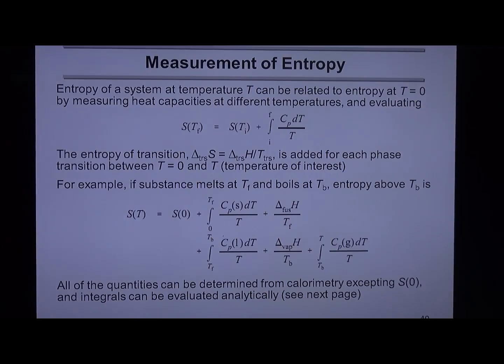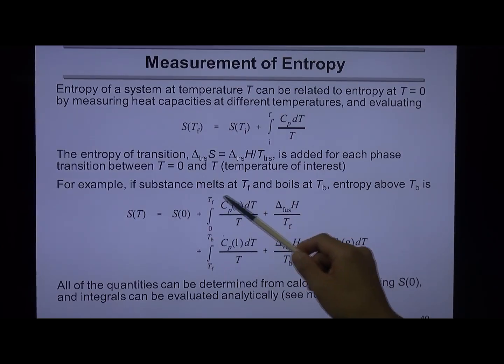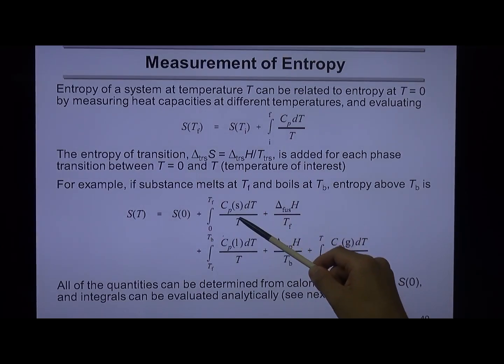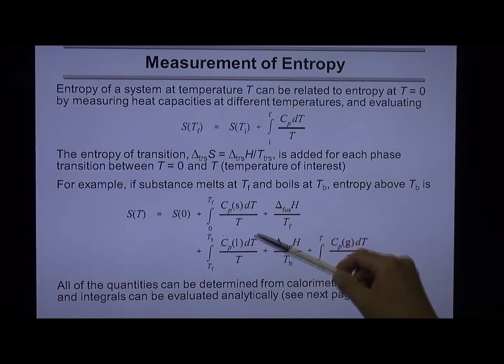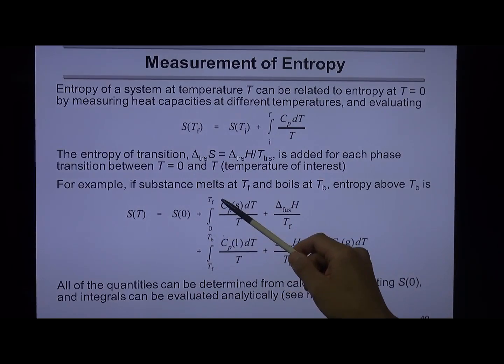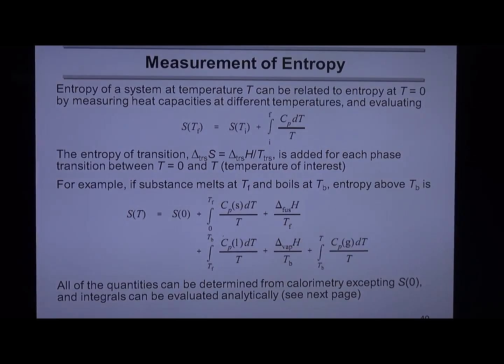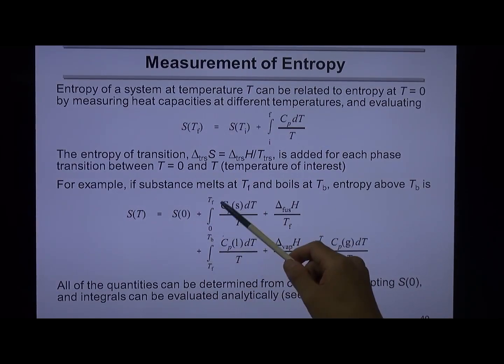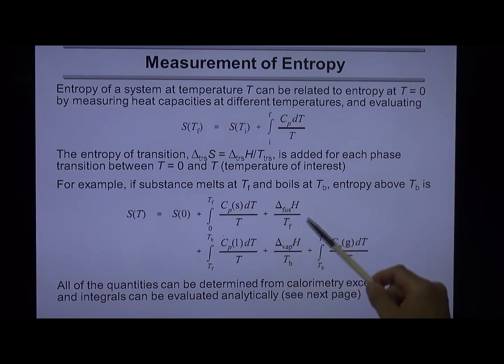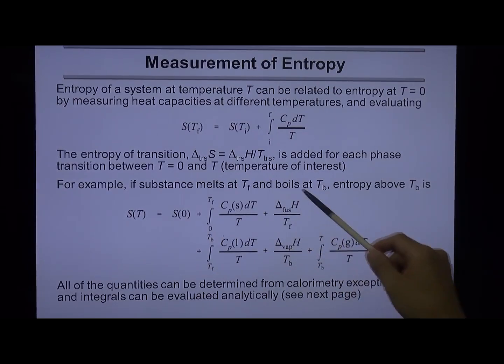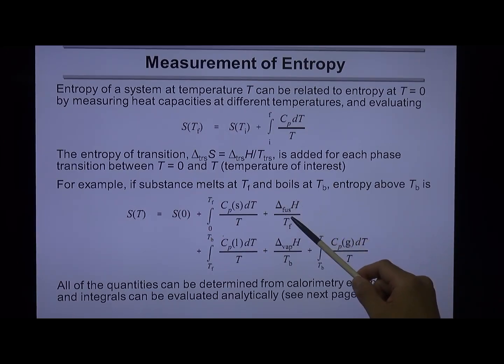So if you have information about heat capacity at constant pressure for the solid, you can use this integration to calculate the entropy change from 0 to the melting temperature. Then, at this temperature, Tf, melting occurs, right? During the phase transition, we can calculate the entropy change if we have information about the enthalpy change during melting at the melting temperature.